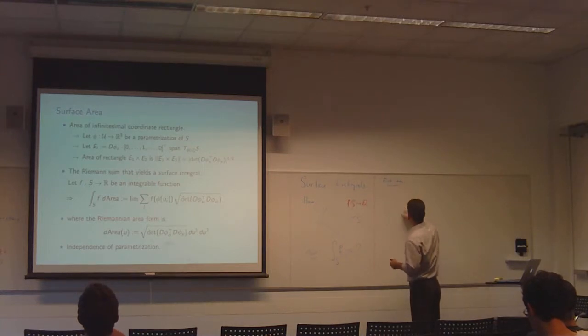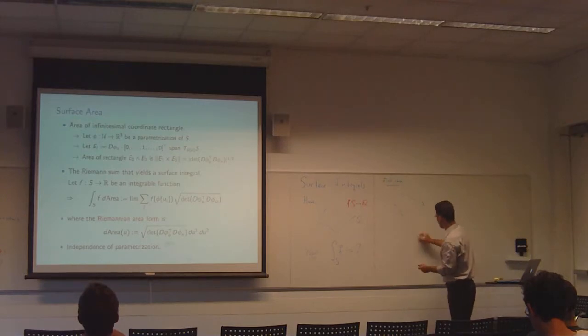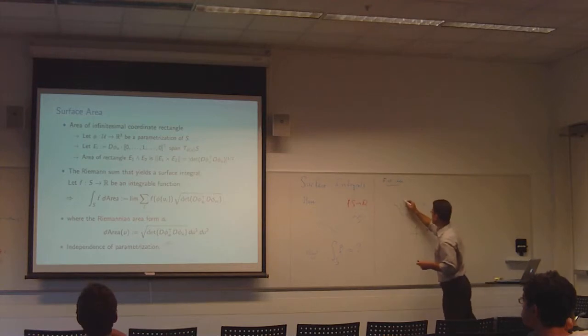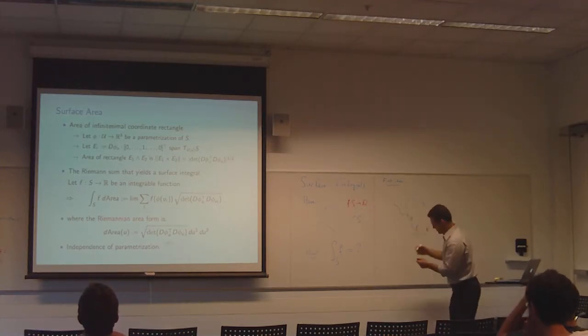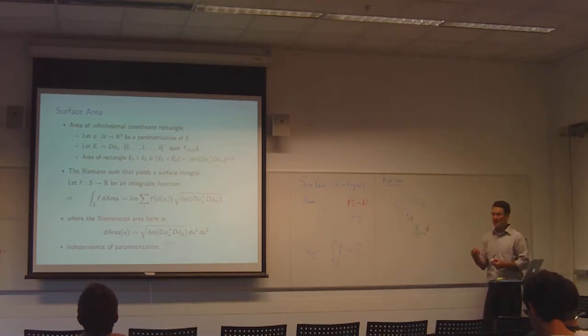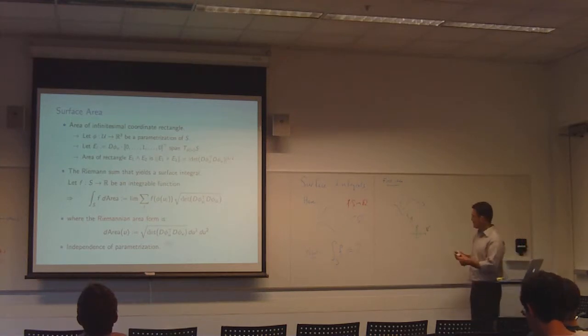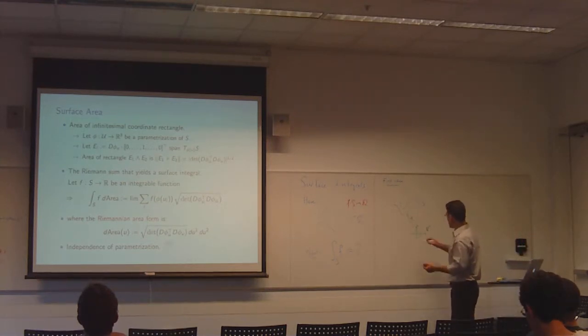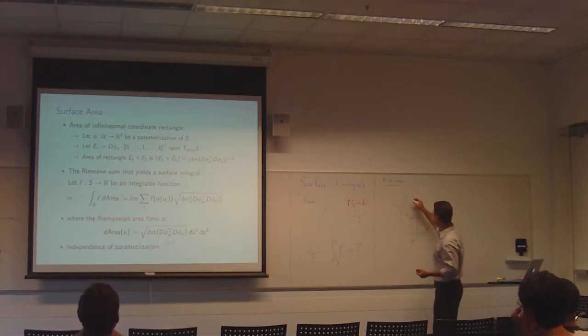You have your surface here, and then you have a parameterization which maps to some neighborhood. So the first idea is to take a parameterization of the surface and try to work inside the parameterization. So let's call this parameter domain U, and let's call this phi of U.